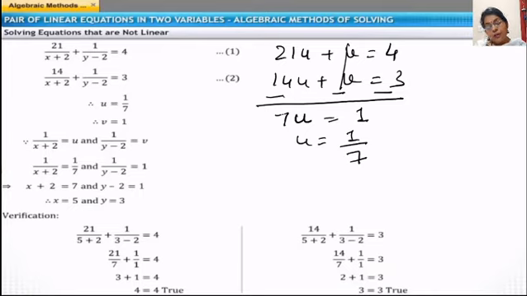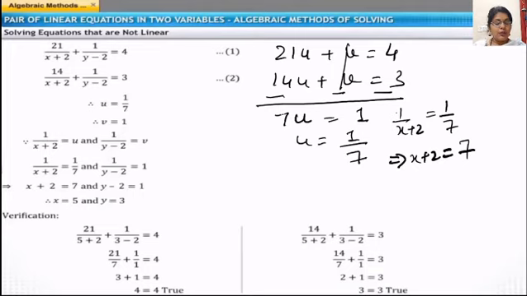Now what we have assumed as u is 1 upon x plus 2. So 1 upon x plus 2 is equal to 1 upon 7. So here we can write x plus 2 is equal to 7, so x is equal to 7 minus 2, which is 5.